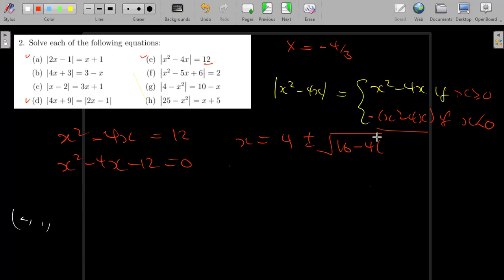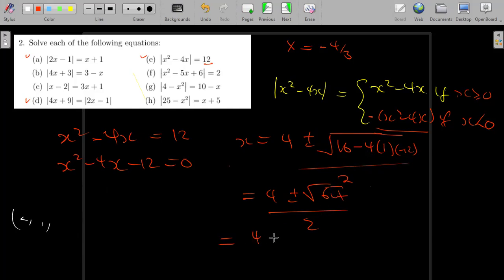What's my a? My a is just 1, and my c is negative 12. Then down there 2a just gives me 2, and I have 4 plus or minus inside. This I just get 64, then divided by 2.